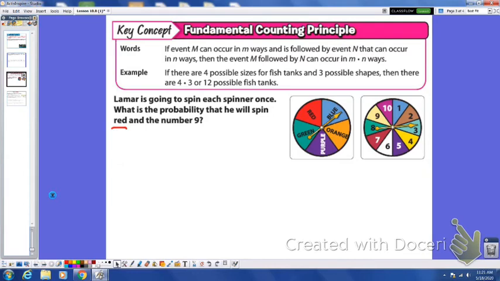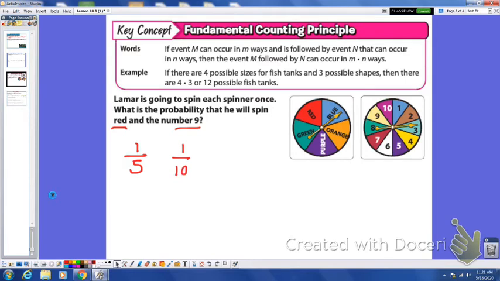One of them is red. So the probability that he spins red on that first spinner is 1/5. Think back to what we did with simple probability. And then what's the probability that he will land on the number 9? Well, there's 10 different areas. There's only 1 nine. So the simple probability of that would be 1 out of 10.